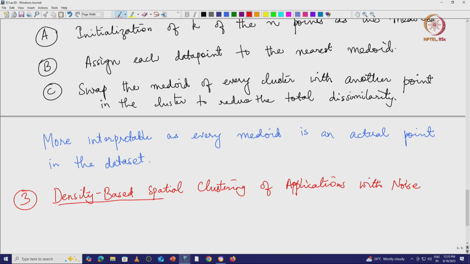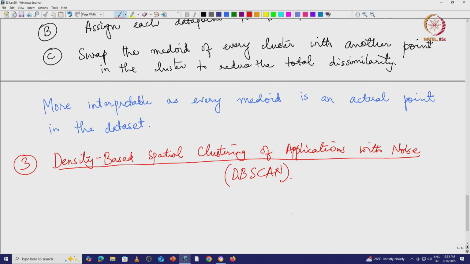This is shortened to DBSCAN. The nice thing about this algorithm is one does not need to specify the number of clusters, and you can find arbitrarily shaped clusters, and it is based on the argument that points should be clustered based on how densely a certain region is packed, in terms of the number of data points lying there.